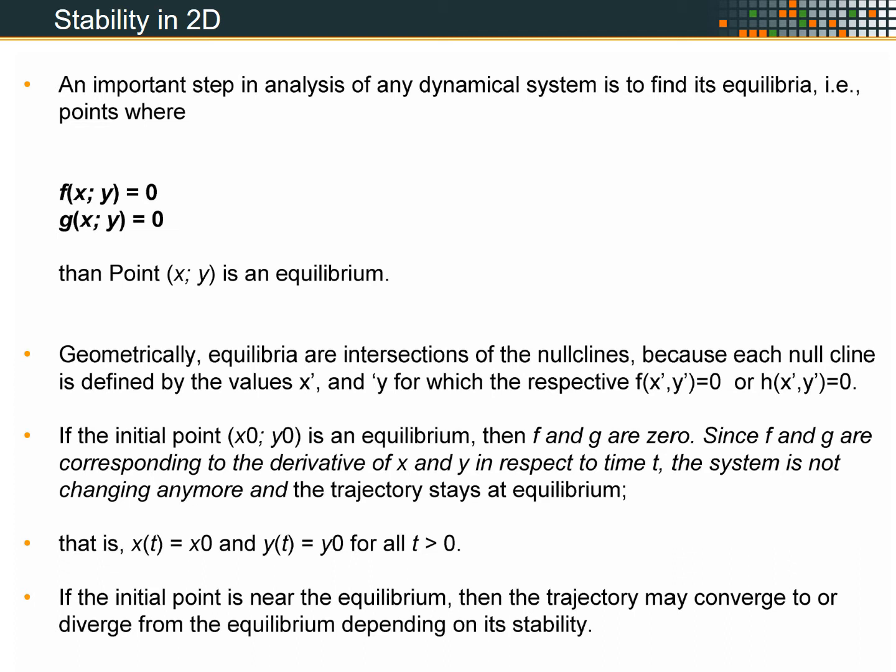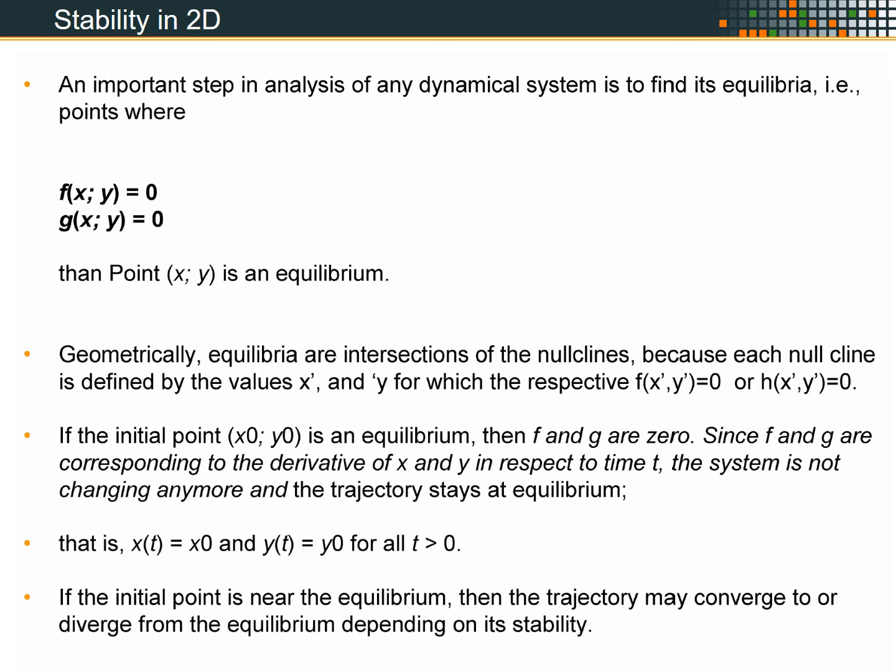So if we define a formal stability analysis, we first look at the two functions that define the change with respect to x and y. If we have two differential equations, then the change of the first differential equation is defined by f, and the change of the second differential equation is defined by g.